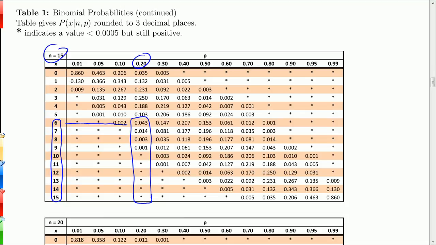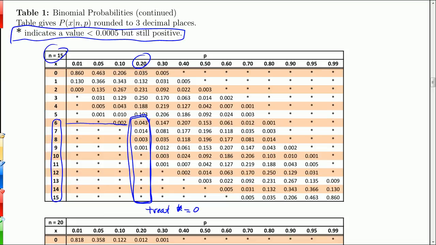And the question becomes, what do I do with this star? And the answer is up here. Star indicates a value less than 0.0005, but still positive. So the convention for us table users is to treat star equal to 0 when you're adding these things up. So we're going to add up all these probabilities.